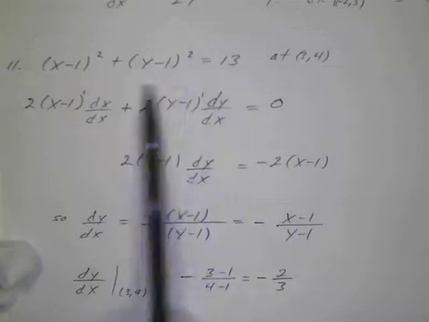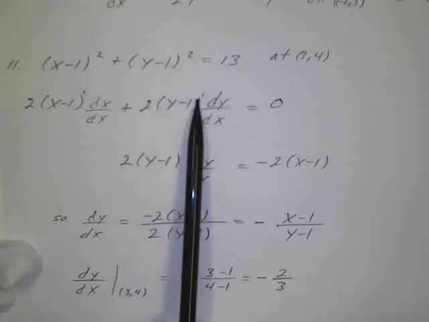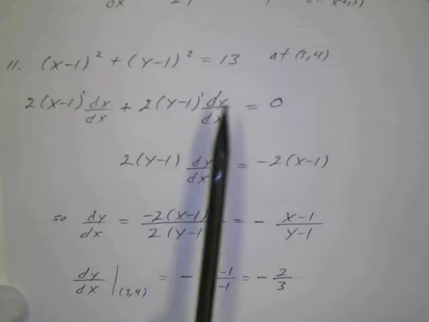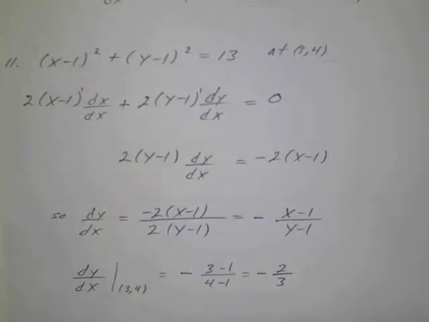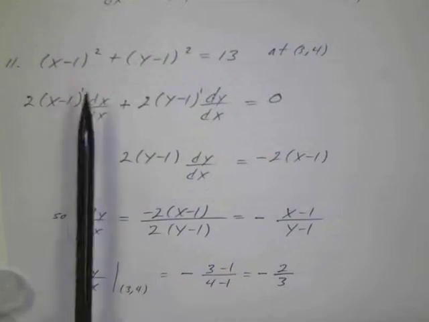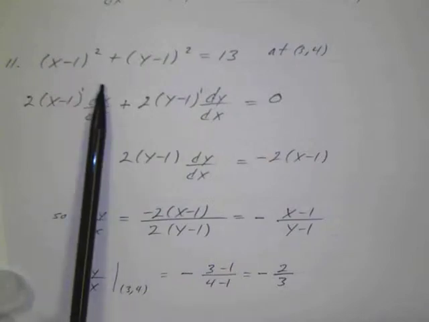Then I take the derivative of this, something squared, that's going to be 2 times the something to the first power, times the derivative of the something. So my inside term is this, and the derivative of that is just going to be 1 dy/dx. So I might have skipped a minor step there. Okay? Then we want to isolate the dy/dx. Now this is just 1, so I don't need this anymore, so I could just block that out.